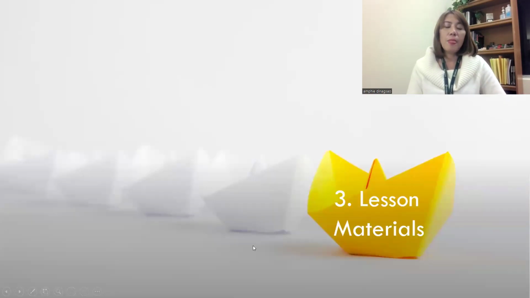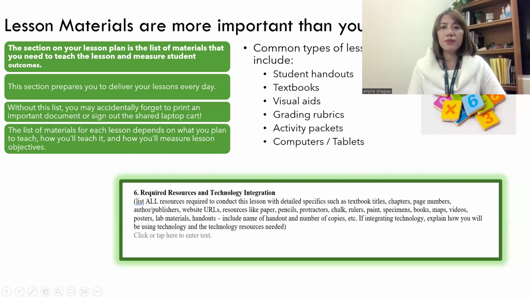Okay, so what are the lesson materials? Of course, when you're planning, all the materials have to be anticipated and visualized, so that you will not forget when you're already presenting your lesson. This section of your lesson plan is a list of materials that you need to teach the lesson and measure student outcomes.